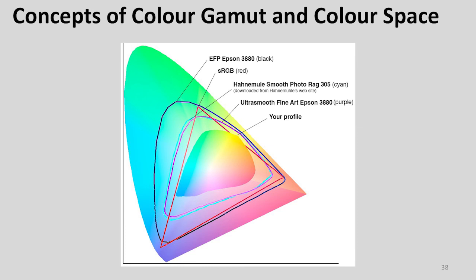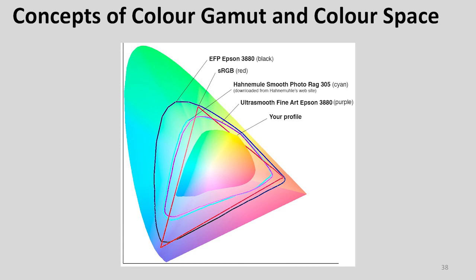In this image here, what we're seeing is the visible color space, once again that large horseshoe shape, and what color Epson 3880 can print. So the correlation between the output with the Epson 3880 and the Adobe RGB color space is, they're quite similar output and color spaces.